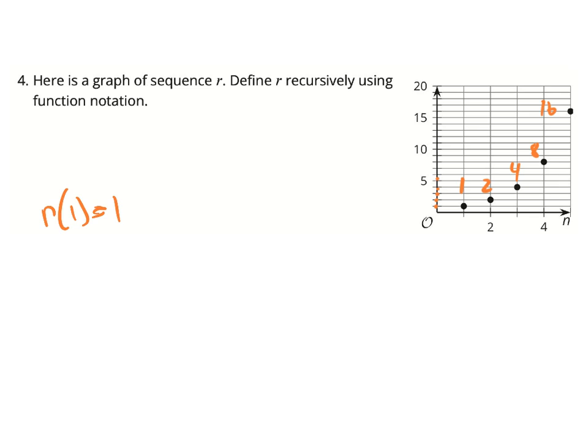And then we're doubling because we did 16 divided by 8 and 8 divided by 4. And then we get R of any term is equal to the previous term times 2 for n greater than or equal to 2. I'm sorry, we started at 1, so this has to be 2.